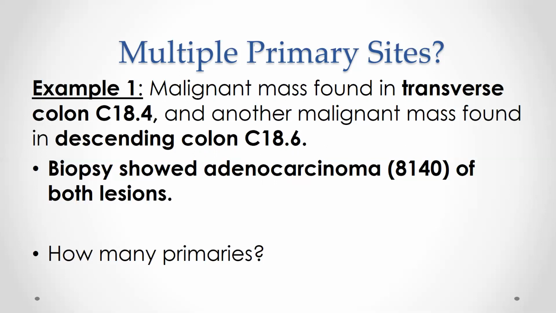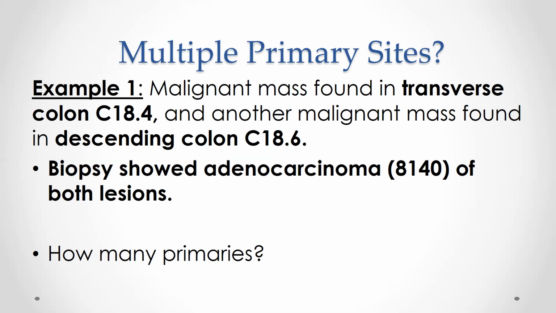we know that we need some preliminary histology in order to decide if we have more than one primary or not. So the first thing I do when I have cases like this is I pencil in my working primary sites and my working histology.